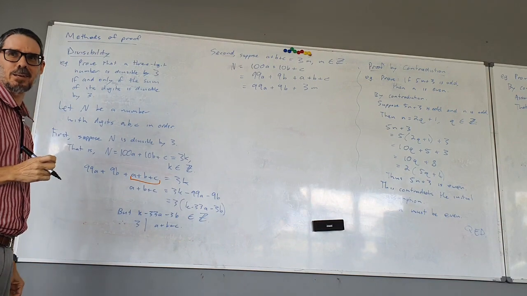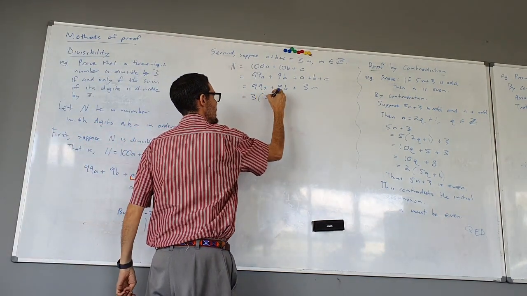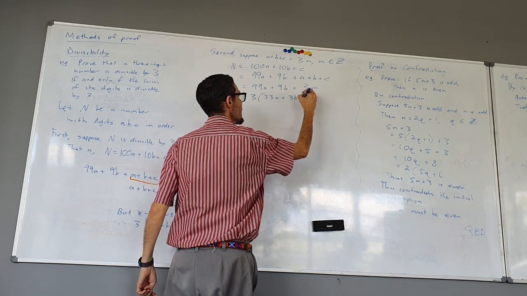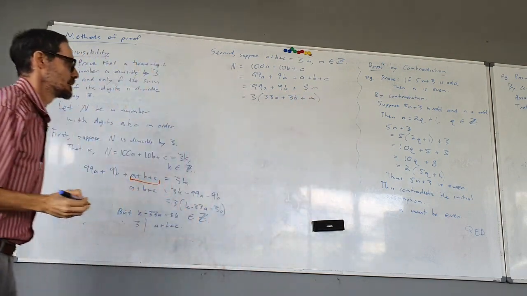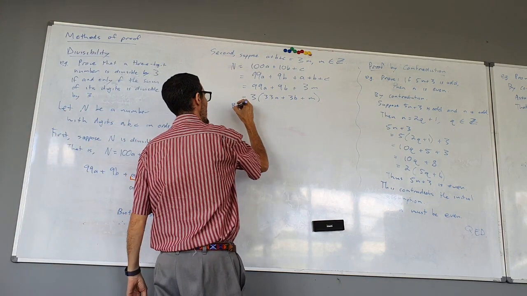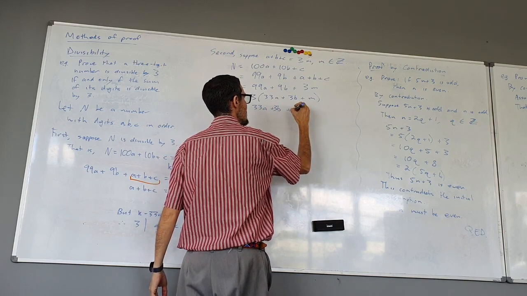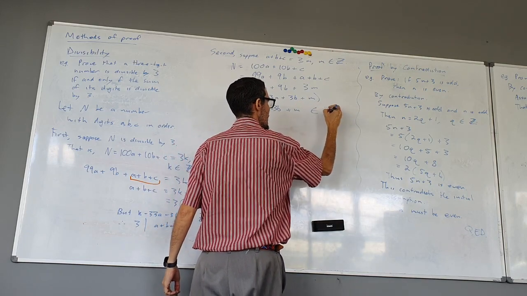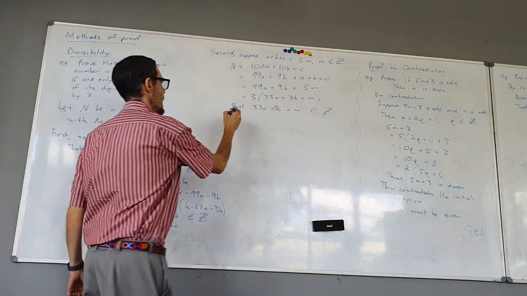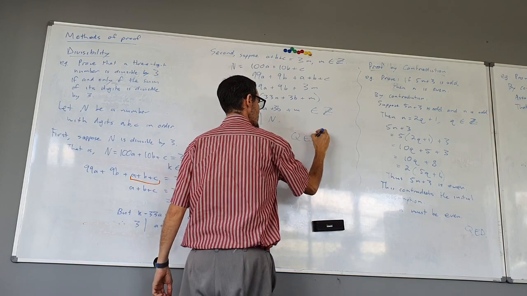Oh, wait a minute, I can divide everything there by 3. Let's factorise: 3 times 33a plus 3b plus m. See how it's similar? It's not exactly the same as going backwards, but it's very similar. 33a plus 3b plus m has to be an integer, and therefore 3 must divide n. We proved it both ways, QED.